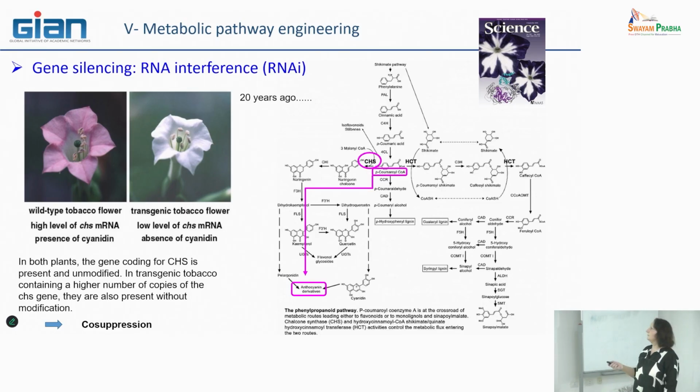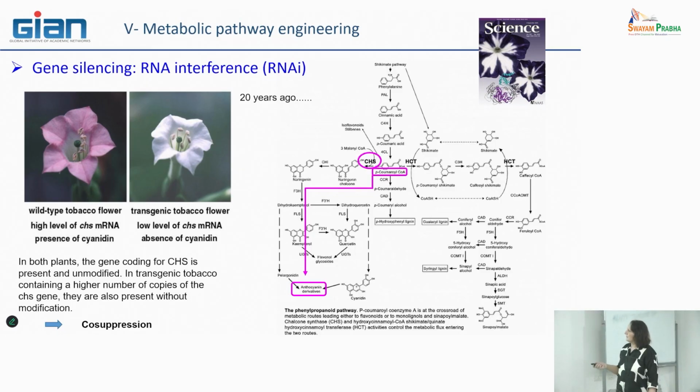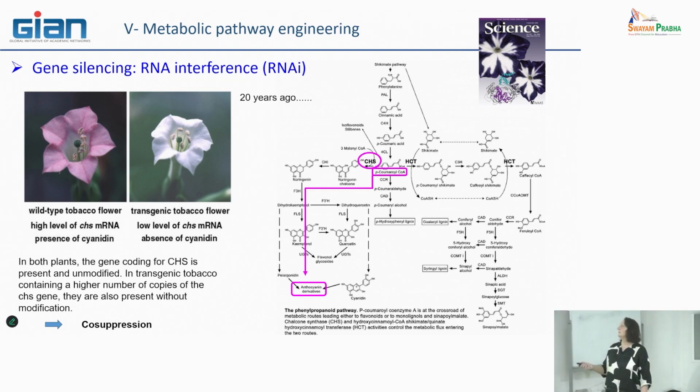At this moment, the metabolic pathway that leads to anthocyanin production was quite well known, not all, but at least the main points. In particular, they had observed that p-coumaroyl-CoA is a sort of platform from which different branches are able to start, and in particular the branch initiated by the activity of chalcone synthase, which leads to several flavonoids, including the anthocyanin.